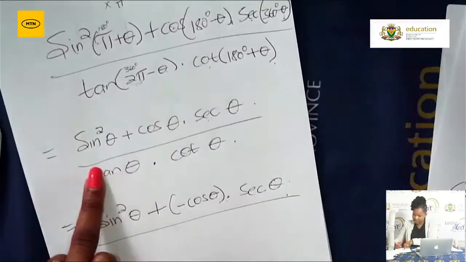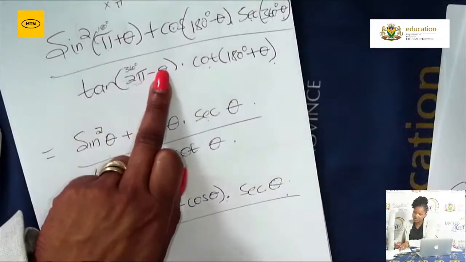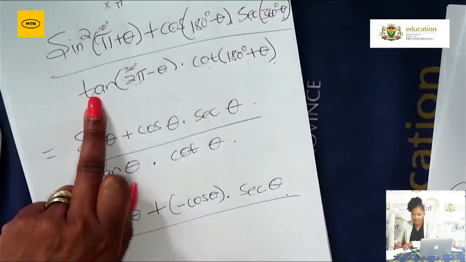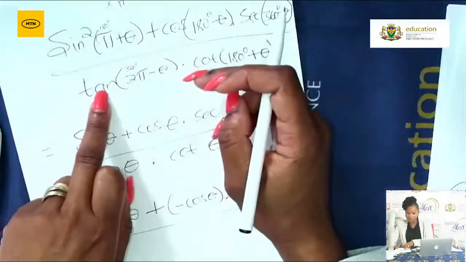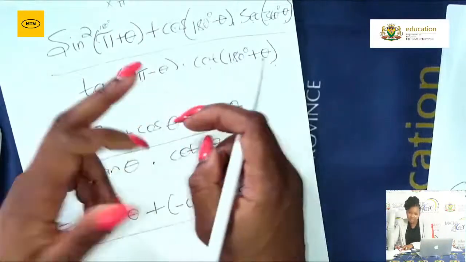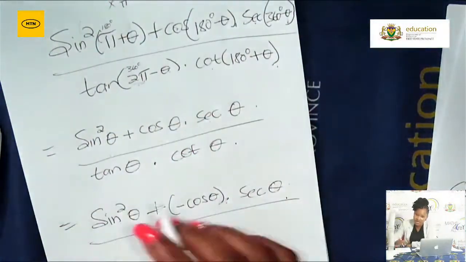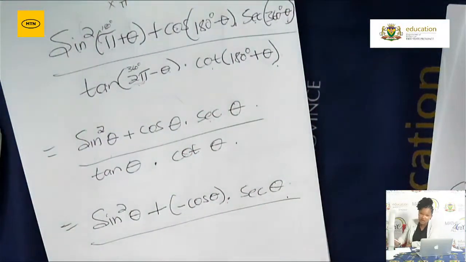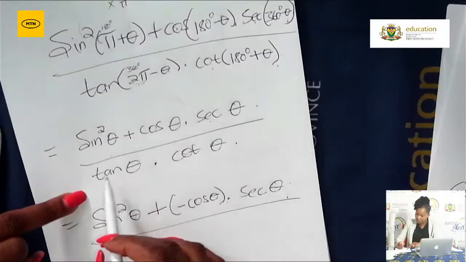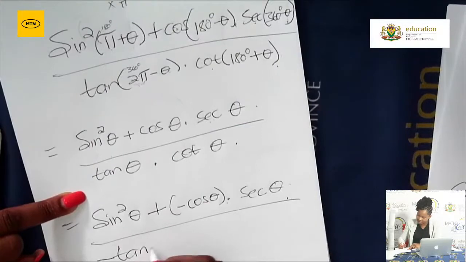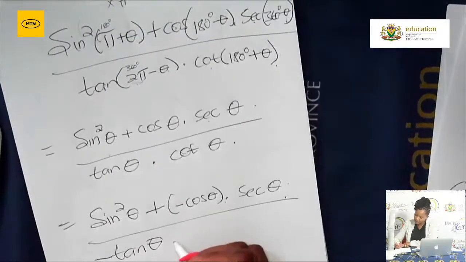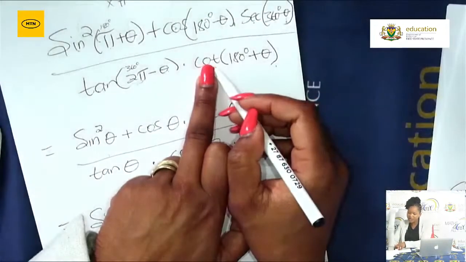Over, then this one, tan of 360 minus theta. In your calculator, you press tan 360 minus, here insert 1. So when you press tan of 360 minus 1 in your calculator, you will get a negative value. So you ignore the value, you just take the sign. So it will mean here, for this one, we will have negative tan theta multiplied by, here we have cot.